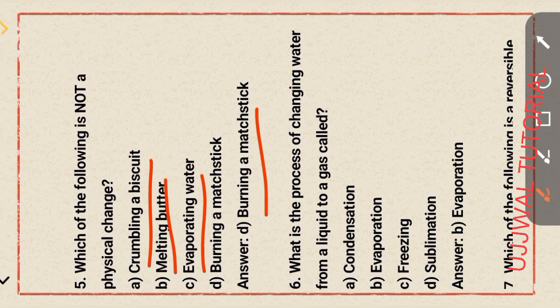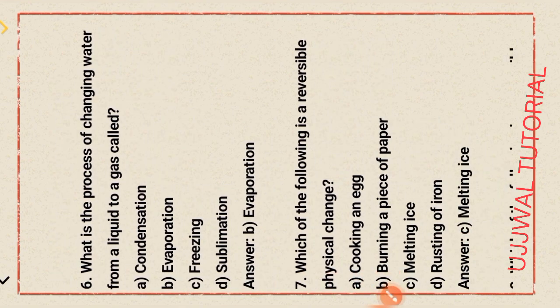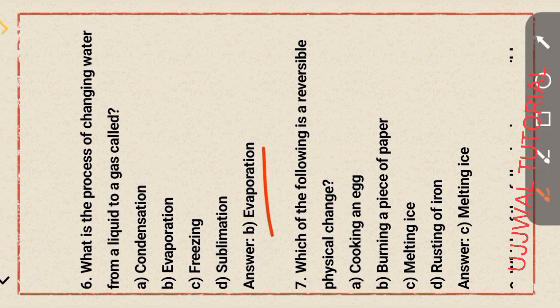Next question, question number 6. What is the process of changing water from a liquid to a gas called? That is evaporation. Next question, question number 7. Which of the following is a reversible physical change?